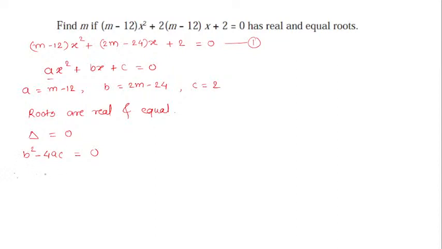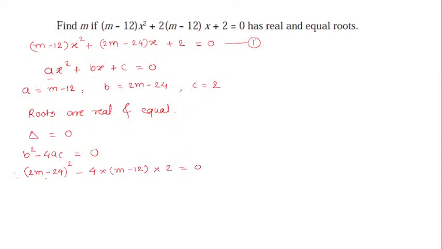B square, that means 2m minus 24. As it is an expression, we should have this in a bracket, or if we take this without bracket, the solution we might get wrong. So we should have value of b in the bracket, that is (2m minus 24) square minus 4 into a, which is m minus 12, into c, which is 2, and that is equal to 0.